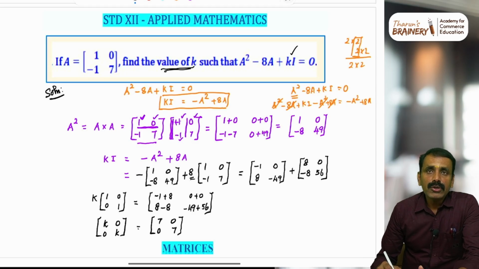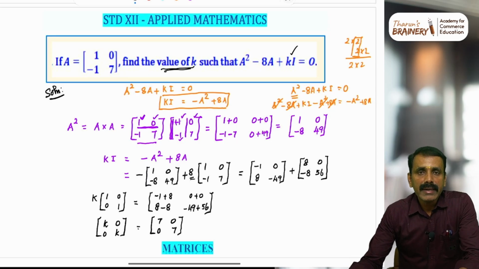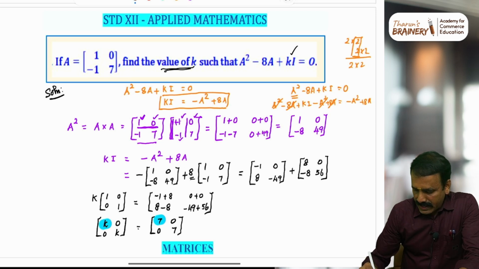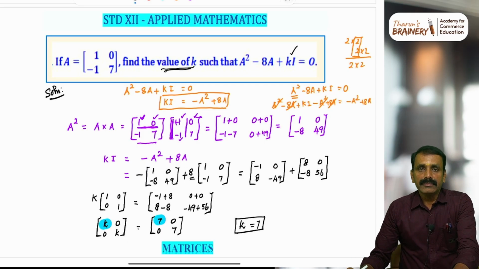Left hand side is a 2 by 2 matrix, right hand side also a 2 by 2 matrix, so we can equate both the matrices by equating their corresponding elements. The first row first element is k, here also the first row first element is 7. So we get k is equal to 7. This is the final answer. The value of k is equal to 7.